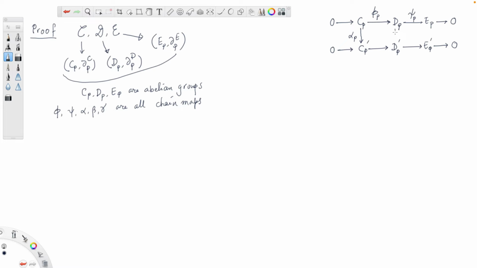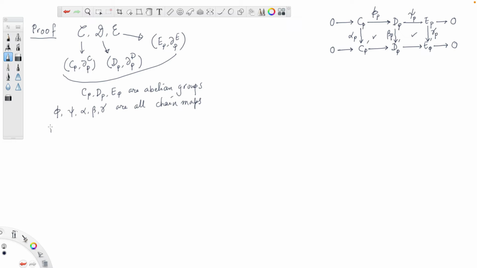The group homomorphism from DP to DP prime is denoted by beta p, and the group homomorphism from EP to EP prime is denoted by gamma p. So this is the commutative diagram.